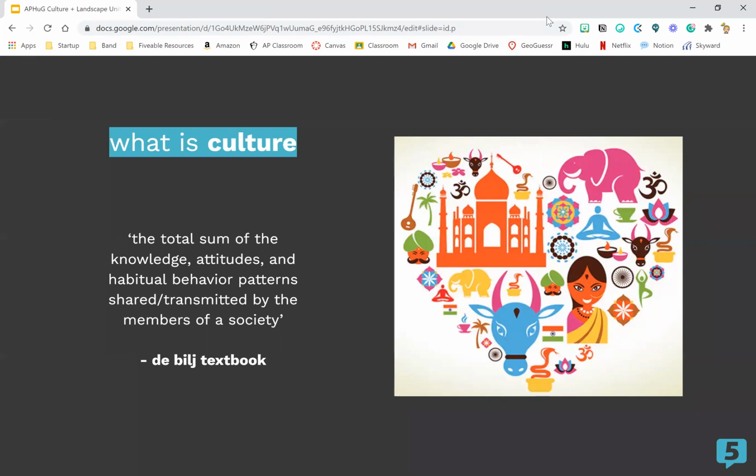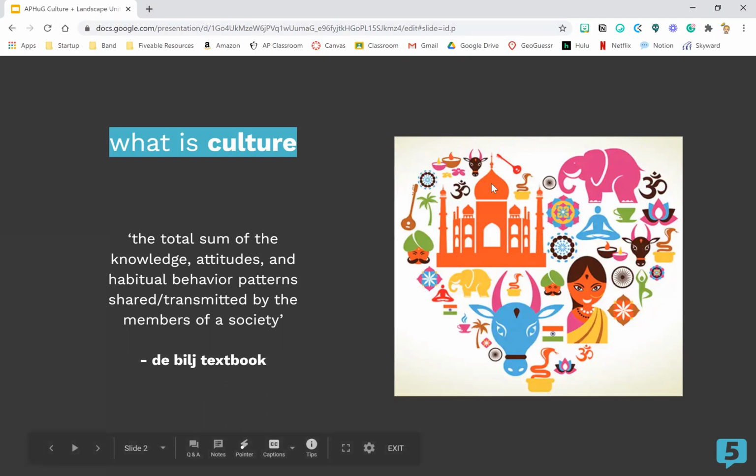You also see a sitar and the Indian flag, the Taj Mahal, an elephant, some Hindu characters, a snake because snake charming is actually a thing. We see a chakra. There are a lot of other things that I can't identify here. Also, you can see the symbol for the Buddhist religion right there.